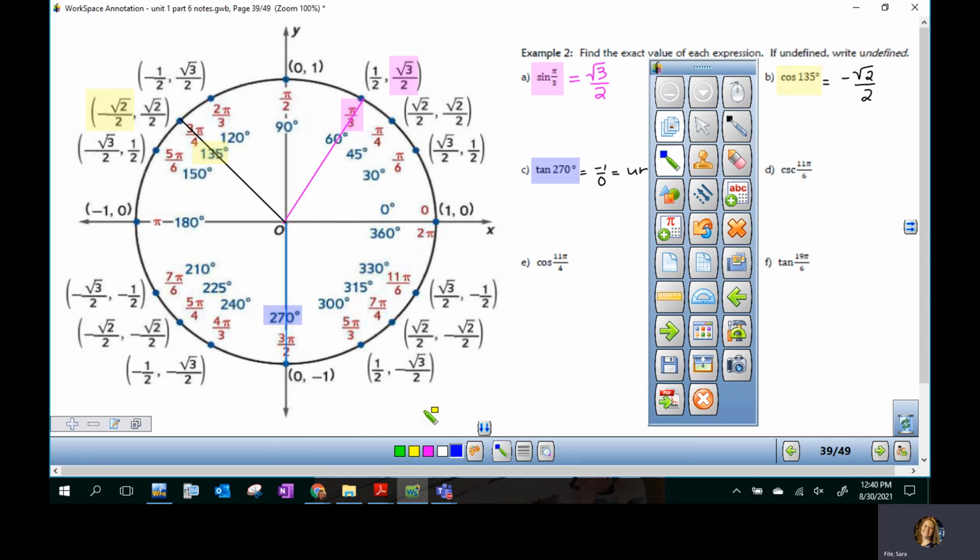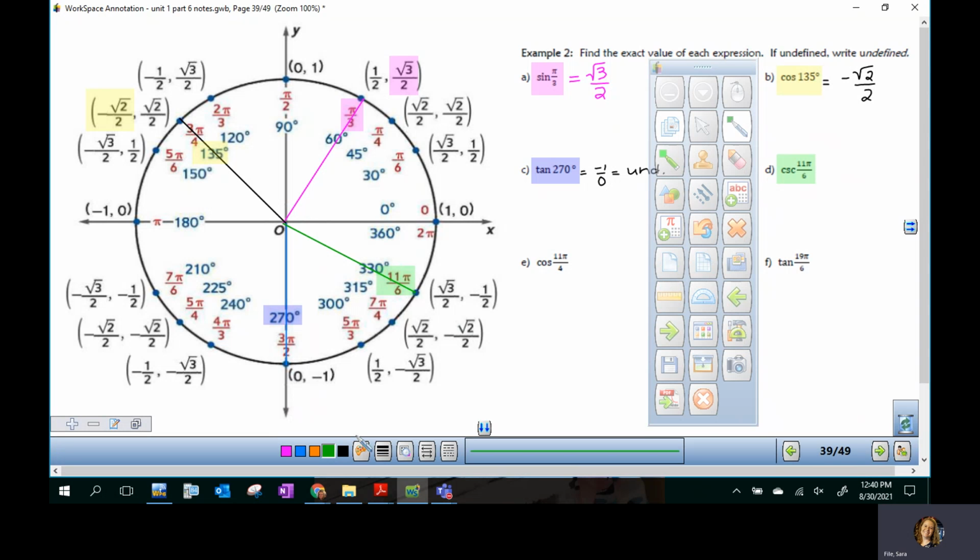Okay, now D says, what is cosecant at 11 pi sixths? So 11 pi sixths is right here in quadrant 4. Cosecant is the reciprocal of what? Remember, the letters don't go together. It's not S and S or C and C. So the CSC, cosecant, goes with sine.